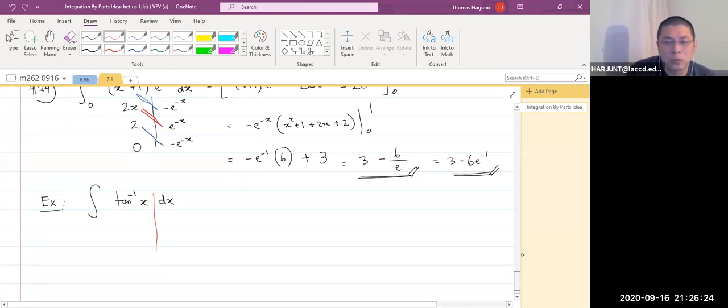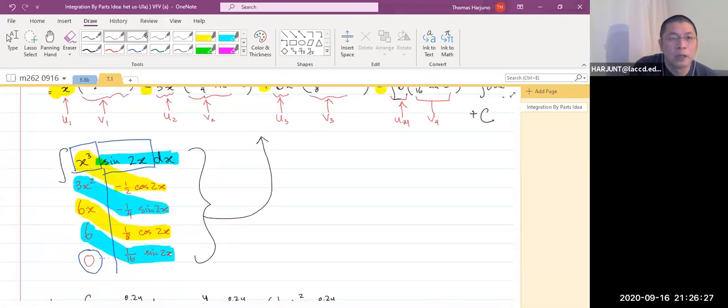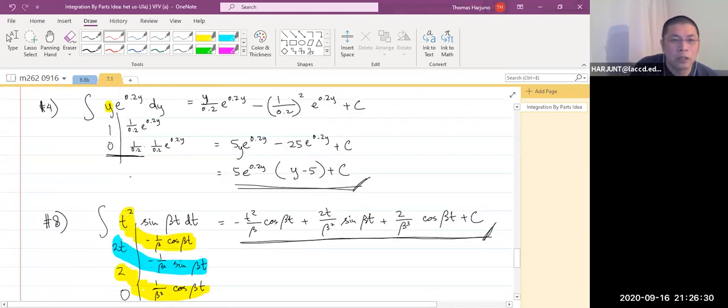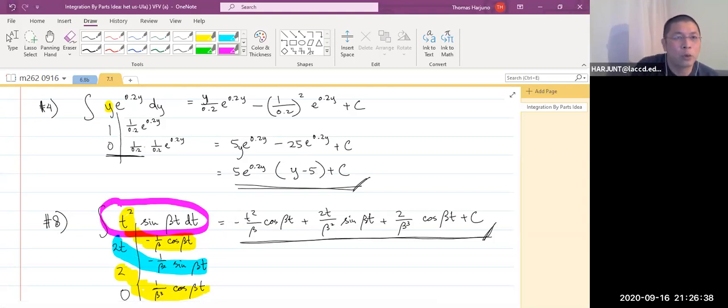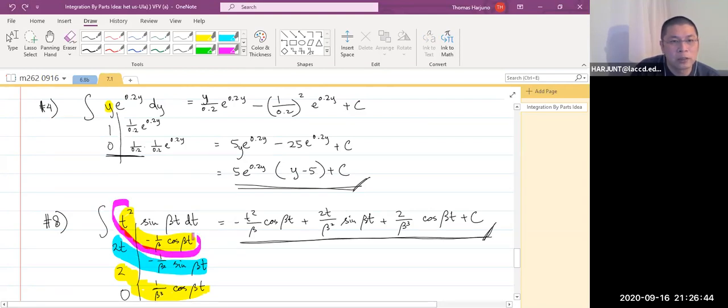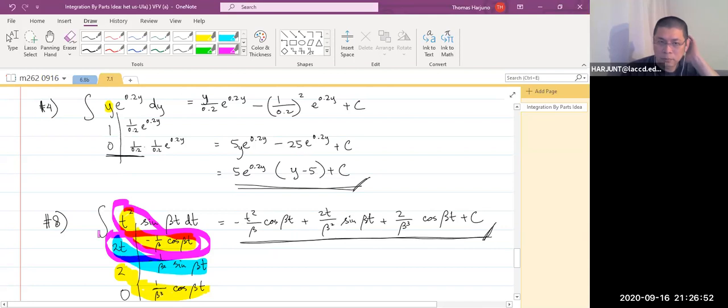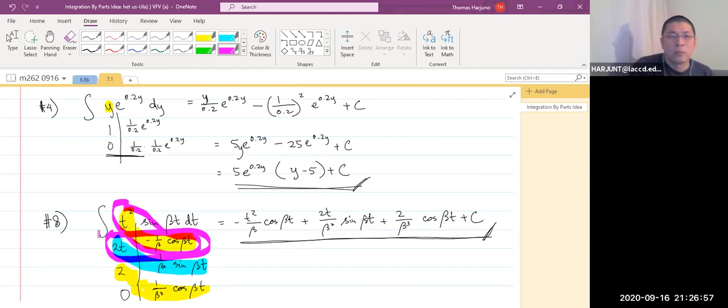Notice that if I look back, the integral of this, take a look here, the integral of that is equal to the product of these minus the integral of this. Let me repeat.